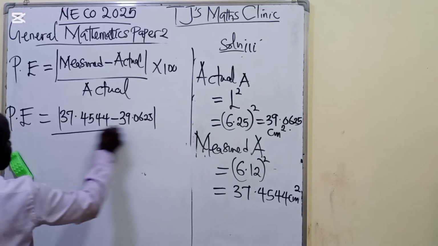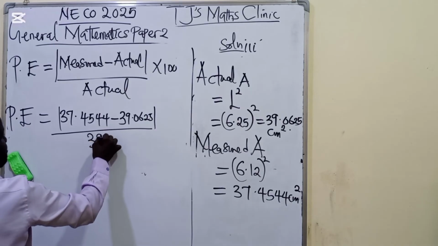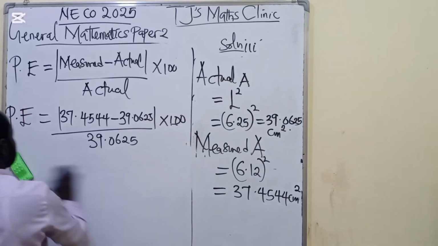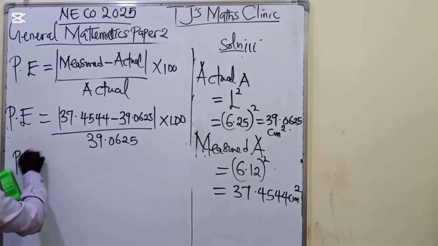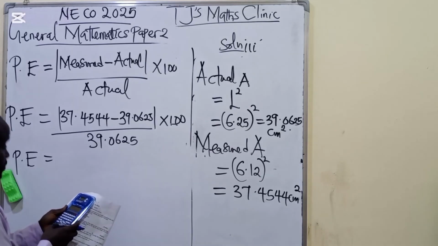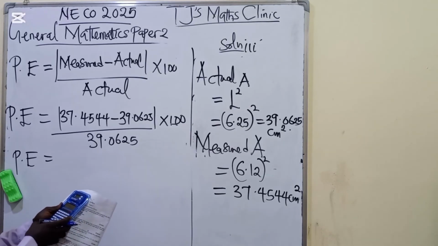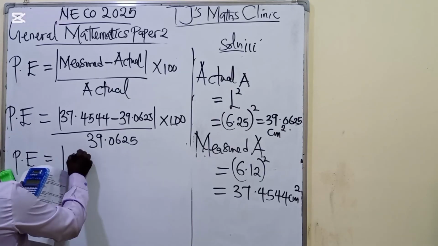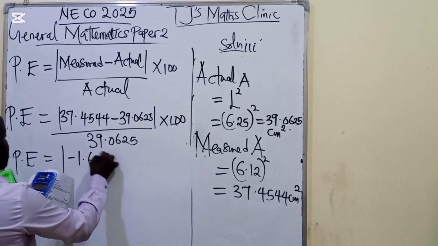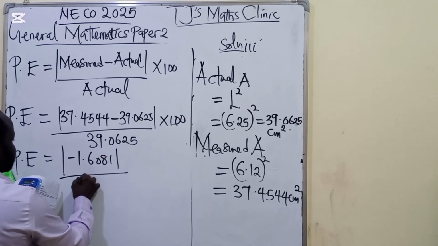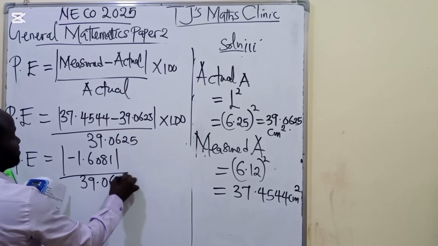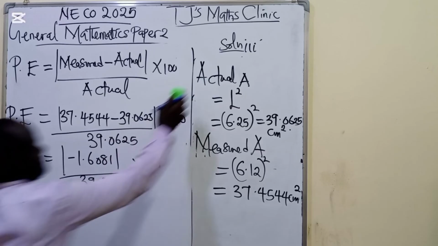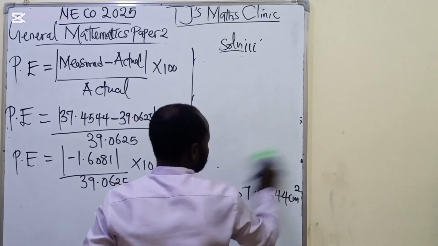Take the absolute value divided by the actual, which is 39.0625, multiplied by 100. Very important. So we do the subtraction. We have the absolute value of minus 1.6081 divided by 39.0625 multiplied by 100. We take the absolute value of this value and we get a positive number.